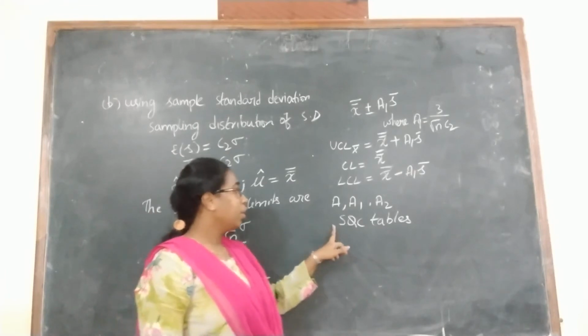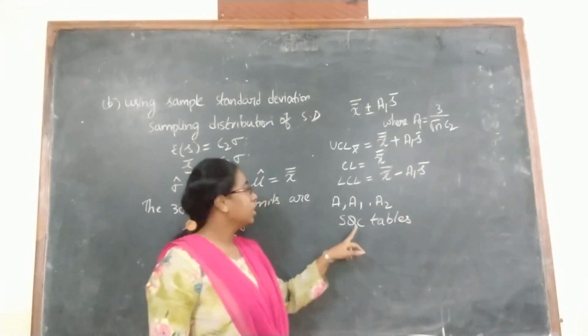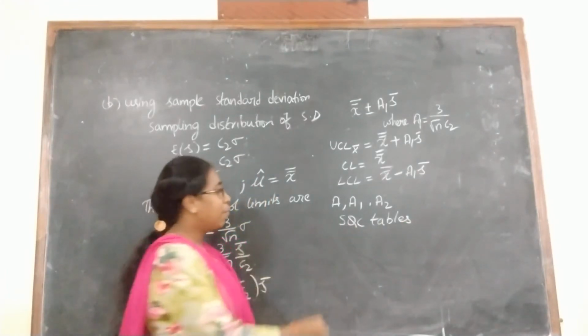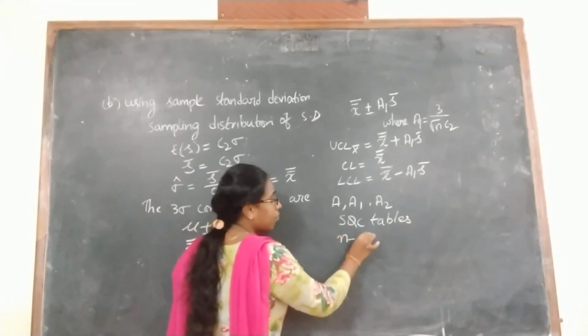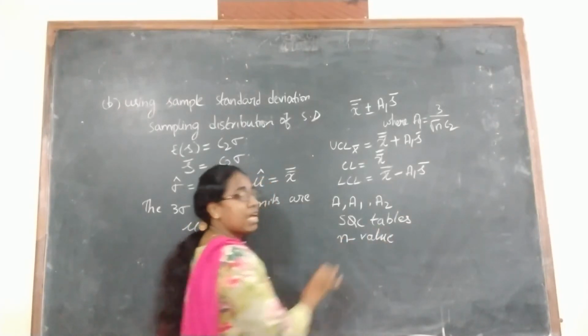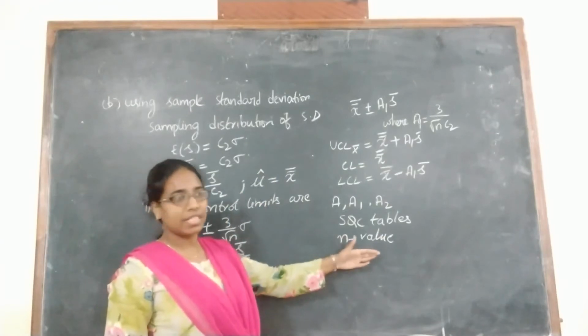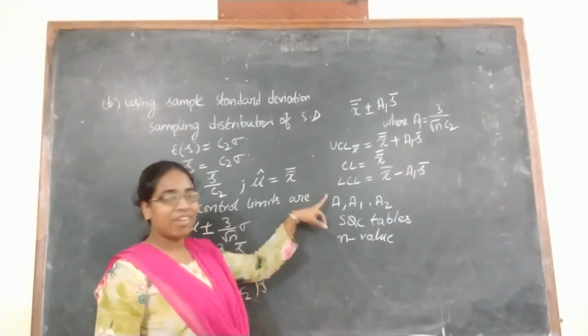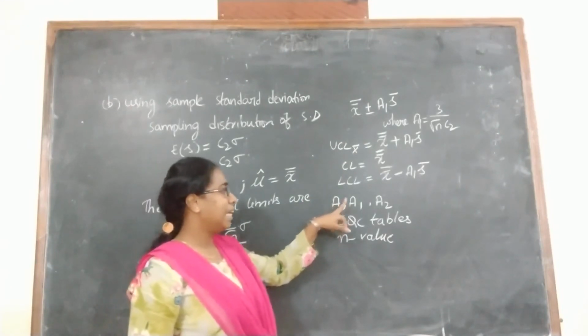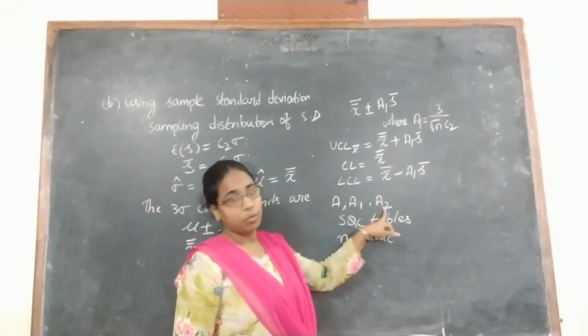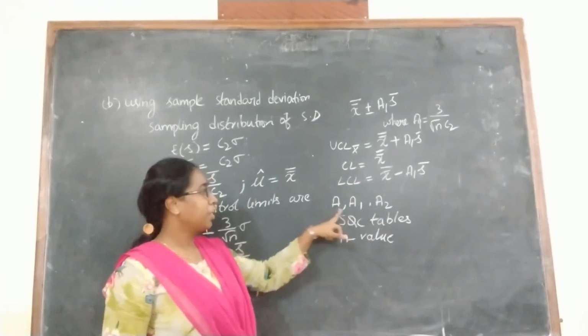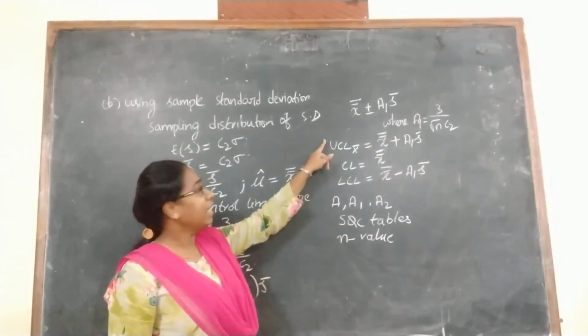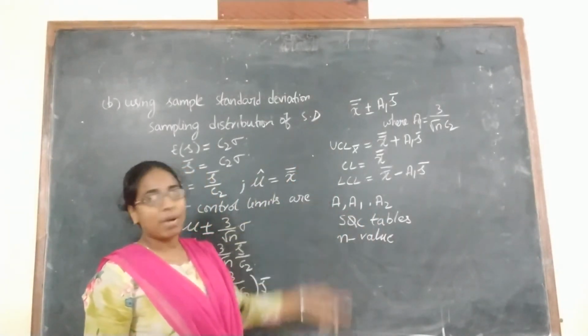Similarly, you will have the SQC tables. In those tables, depending on your n value, that is your sample size, which may be 3, 4, 5, 6, you will get predefined values of capital A, A1 and A2. By substituting those values, you can find the control limits for the X bar chart.